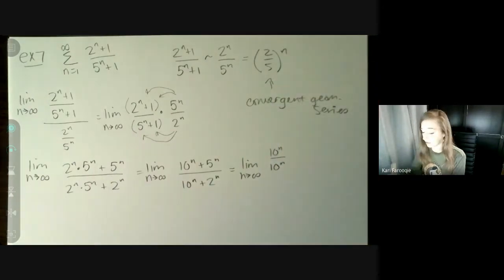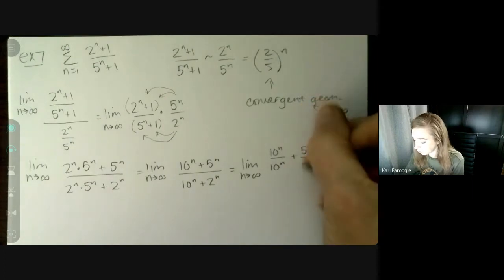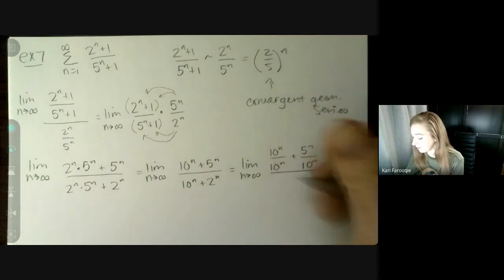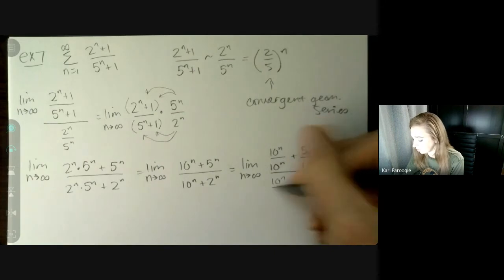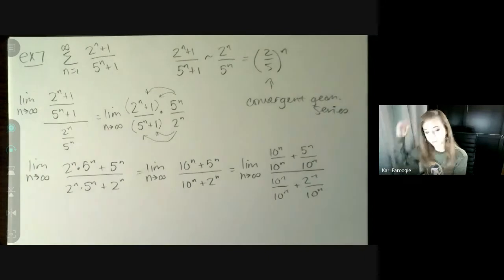I'm going to divide each term by 10 to the nth power. And this is not the only way to do this. This is just the way that I think is the most straightforward. But we're dividing each term by the largest base value to that power.